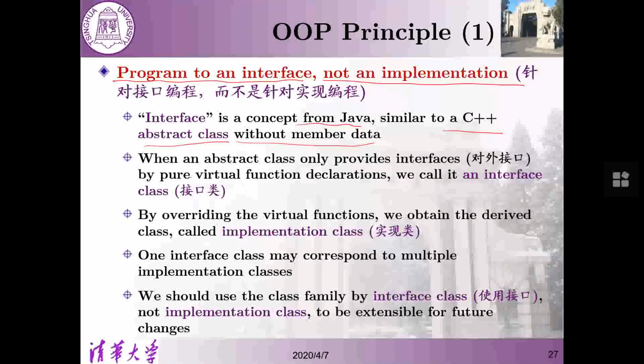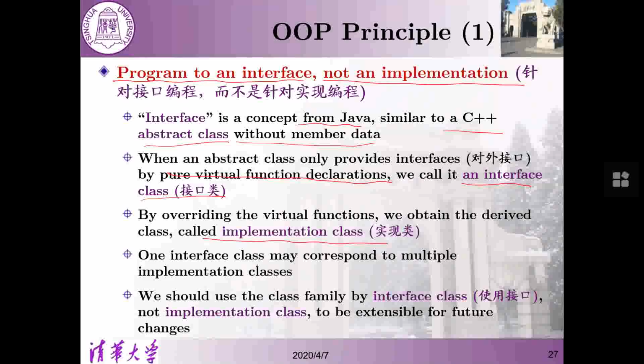When an abstract class only provides interfaces by pure virtual function declarations, we call it an interface class. We mentioned that. By overriding virtual functions, we obtain derived classes called implementation classes.